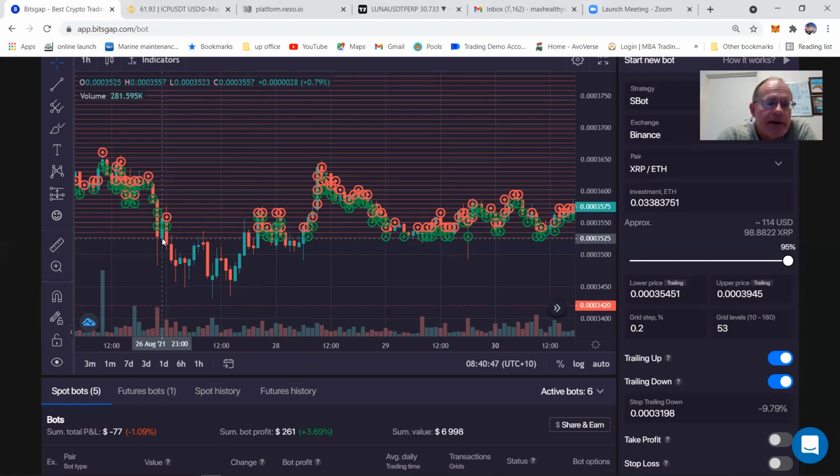If you stop it and restart it so that you've got half green grid and half red grid, so you're in the middle again, what's going to happen is, at this point, all of the funds are Ripple. If you restart the bot, then half of that Ripple is going to be used to purchase Ethereum so that you can have half again.